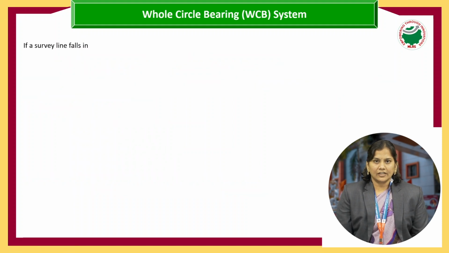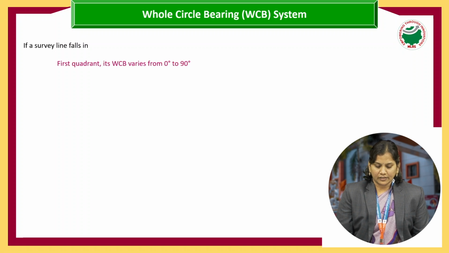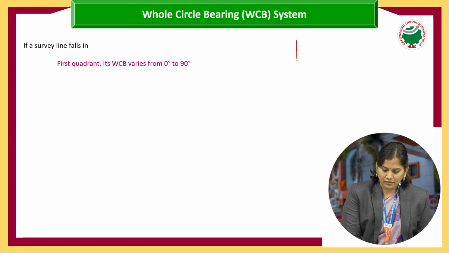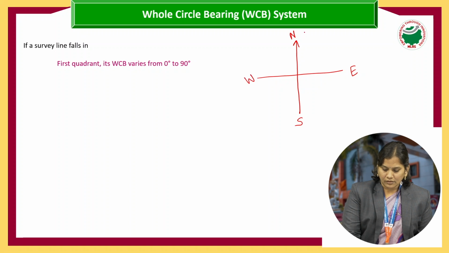So if our survey line falls in first quadrant, the whole circle bearing varies from 0 to 90 degrees. So this is magnetic north, and this is east, south, west. So this is 0 degrees and 90 degrees, and next 180 degrees, 270 degrees.